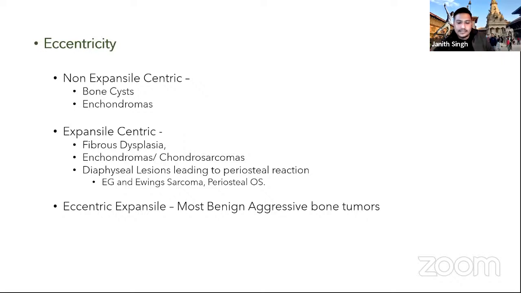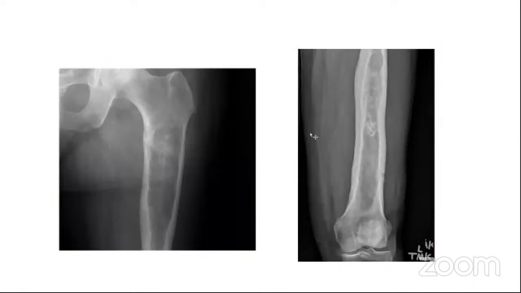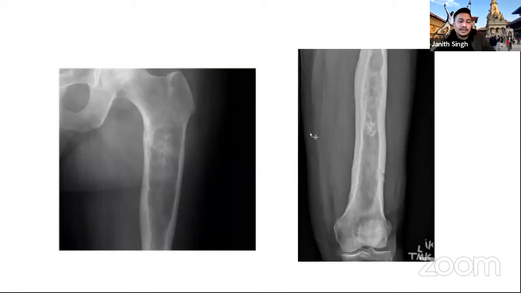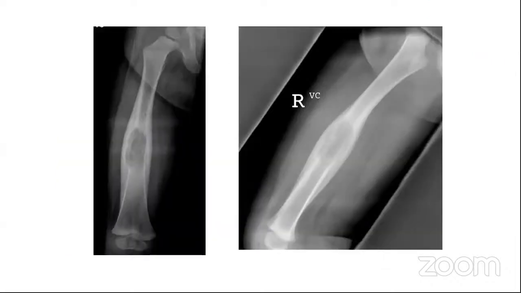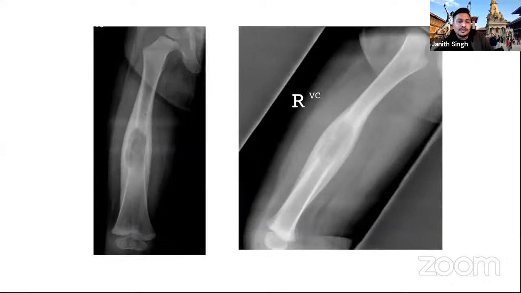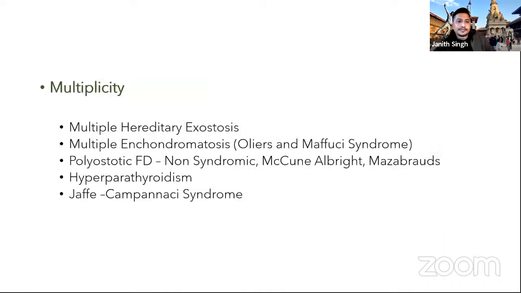The list is endless. Now, these are both cases of low-grade chondrosarcoma causing expansion of the bone. A young child with eosinophilic granuloma. If the child presents to you with a swollen thigh like this, it's almost impossible to say what it is. You can just make an intelligent guess of whether it could be EG, or infection, or Ewing sarcoma.